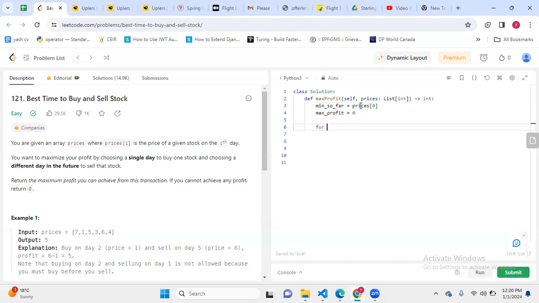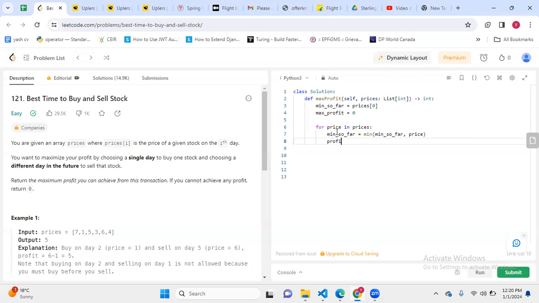Now let's iterate over the array. We can update the min so far, which is basically the minimum of min so far and price.